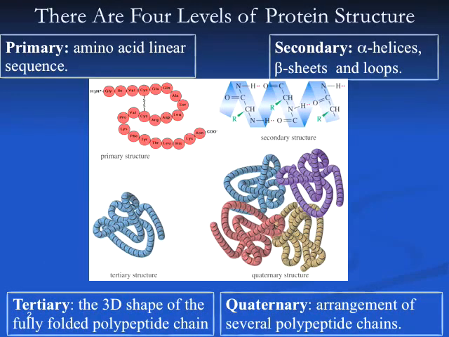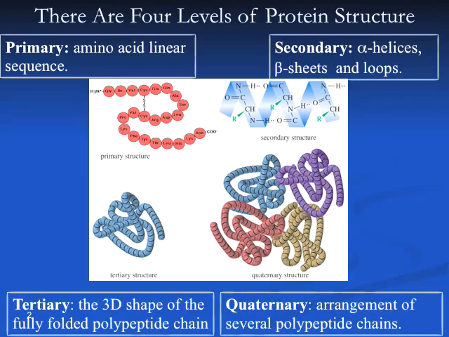You should know by now that there are four levels of protein structure. The primary structure is just the amino acid linear sequence, and we had you look at hemoglobin with its 147 amino acids. And then what happens is these linear sequences fold, the first step is a secondary structure, which consists of either alpha helices, beta sheets, and loops or coils.